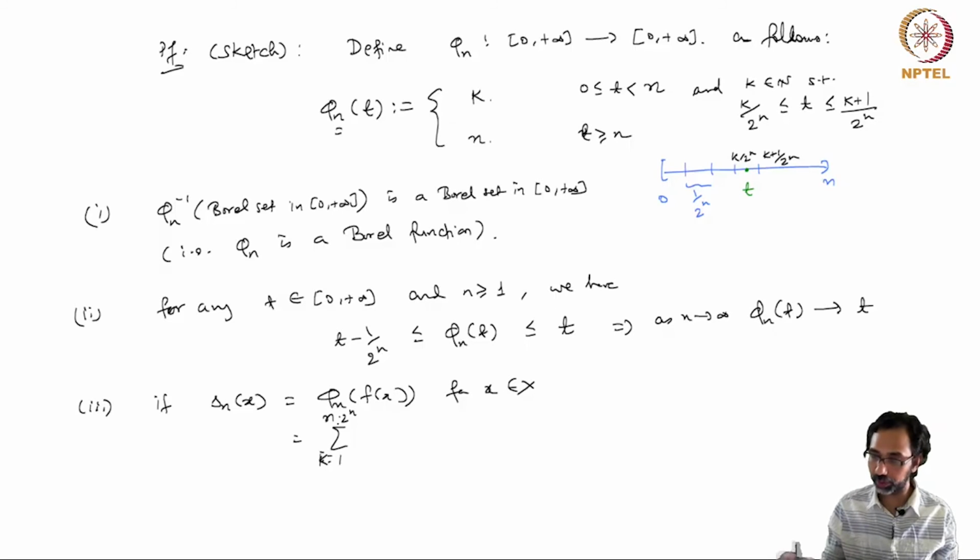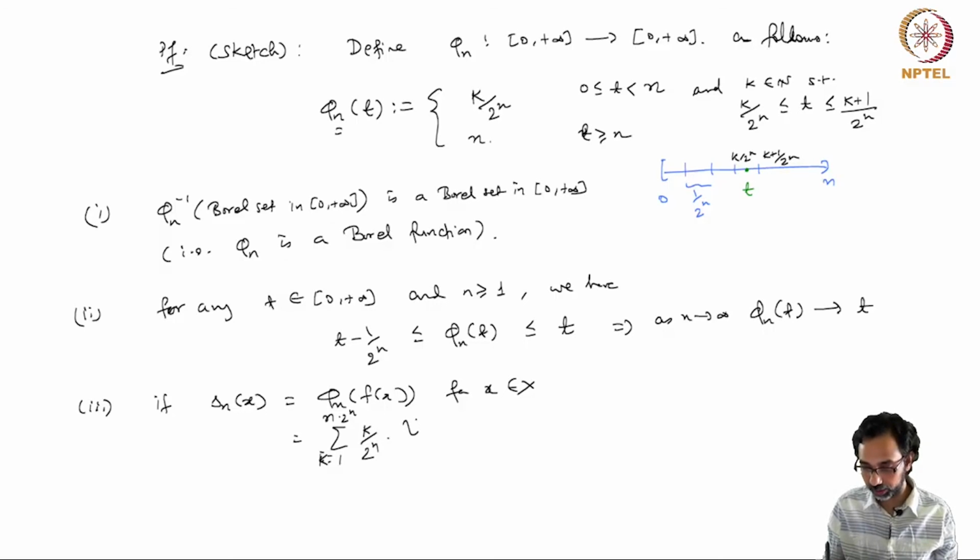Here n times 2^n is the number of subintervals of length 1 over 2^n that we are dividing the set 0 to n into. So we have k equal to 1 to n times 2^n of this value k over 2^n.